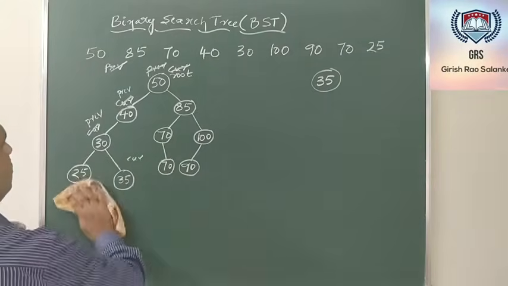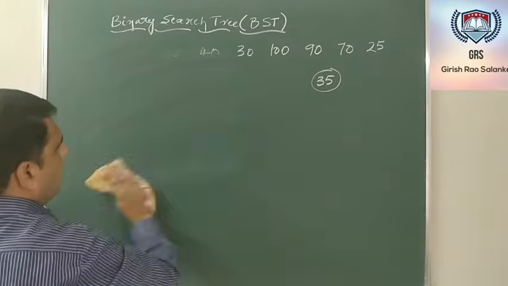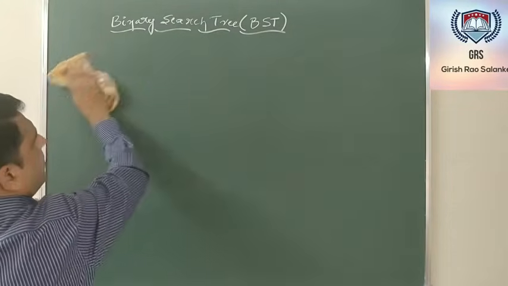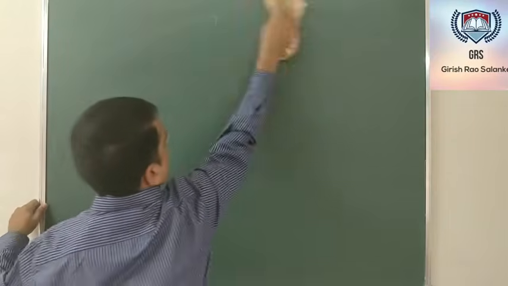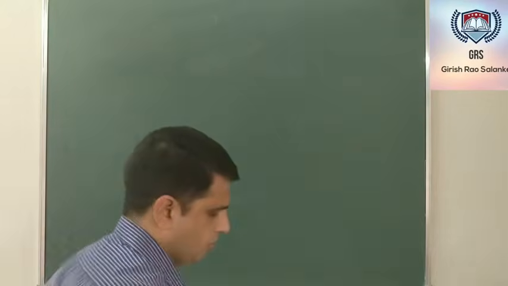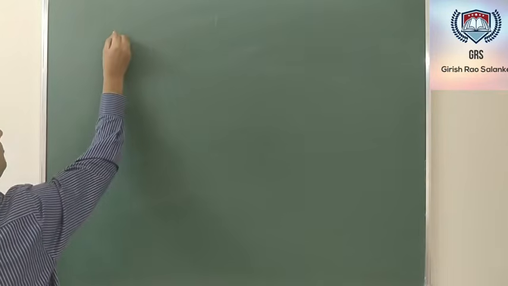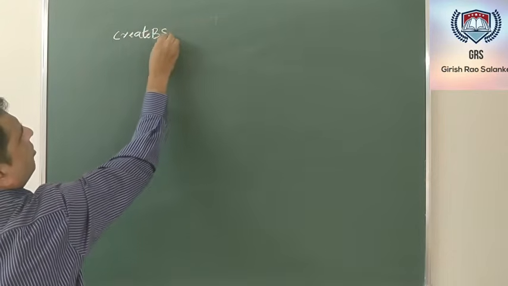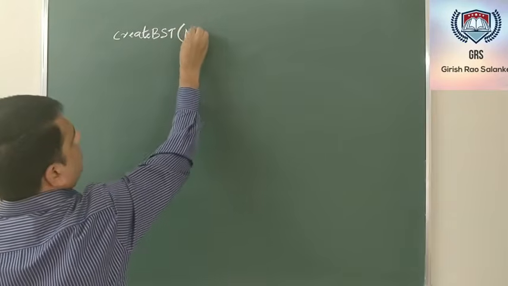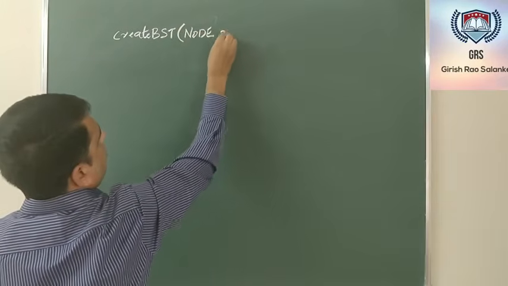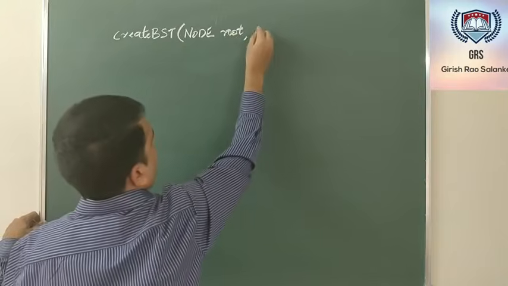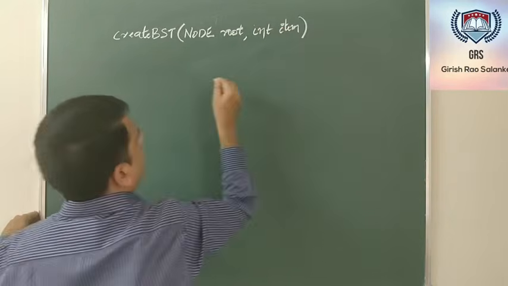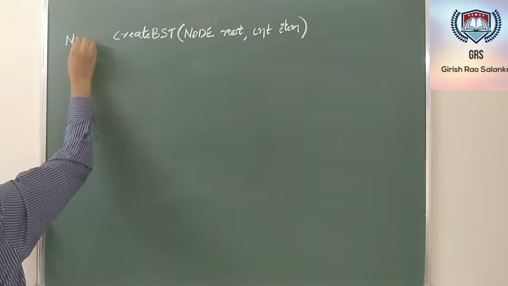So let us put all this together in the form of code. Function name: create BST. Arguments to the function: node root and int item. Return type of the function is node.